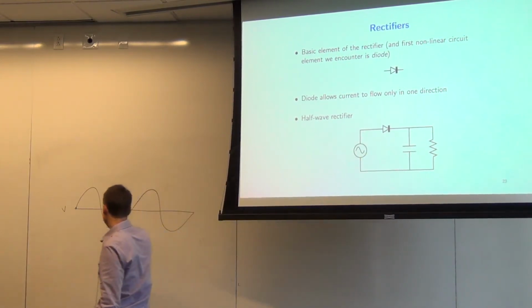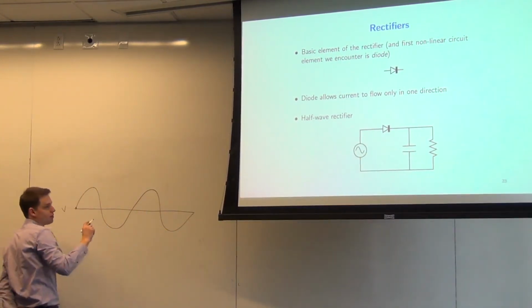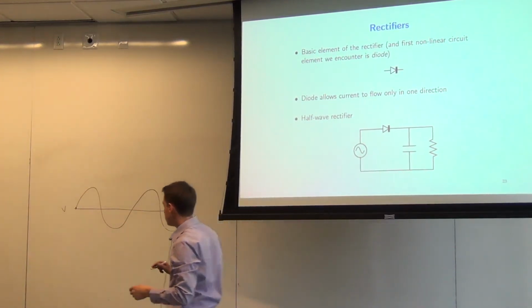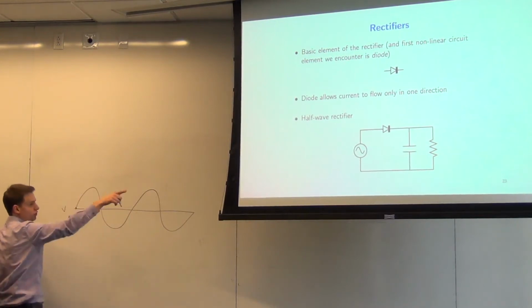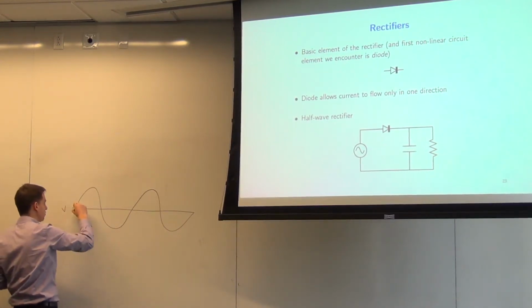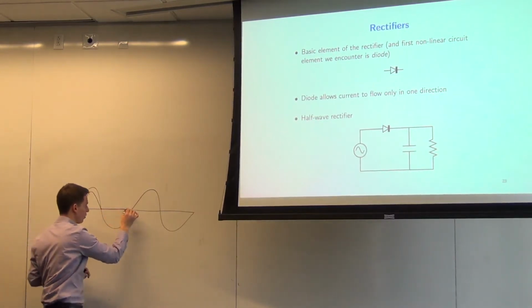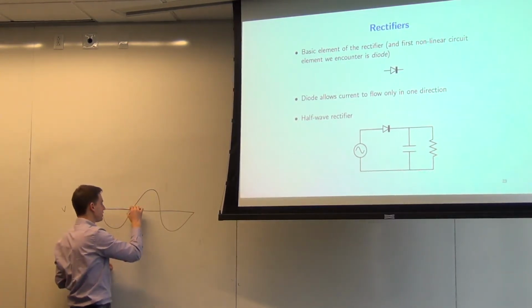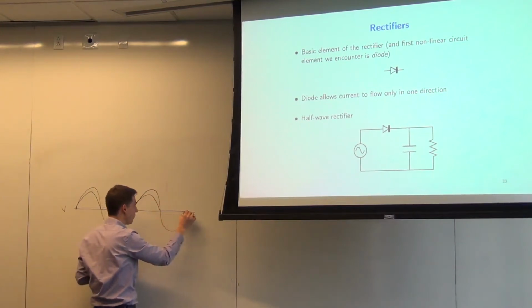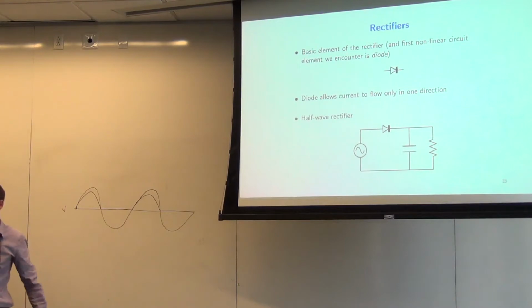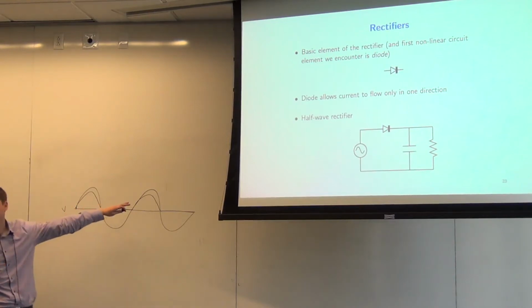Suppose that's just a resistor, and ignore this capacitor for a second. Here the voltage is positive on the top, so current looks something like that. Here it's just 0, because the current can't flow the other way. And here it's positive again. If you blur your eyes, you can imagine this looks more like a DC signal, because it's only positive now. And if you take an average, this could be somewhat positive.